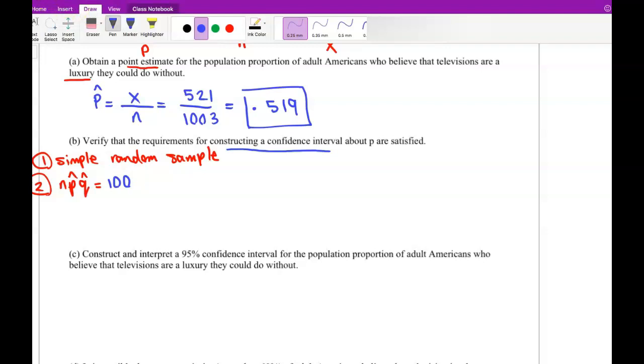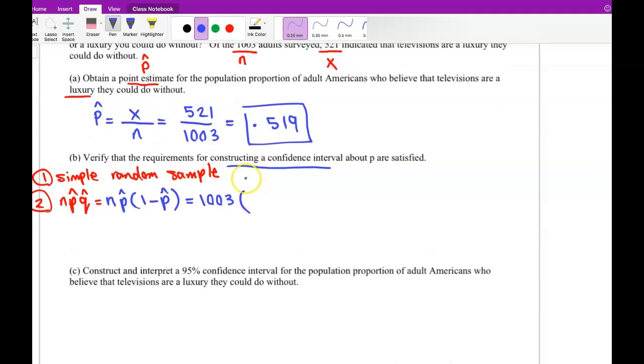Okay, let me write this way. As I said, if in case you didn't have any information about q hat, that means q hat is 1 minus p hat. So that is equal to n times p hat times 1 minus p hat. So now n is 1003, p hat is 0.519, and q hat is 1 minus 0.519.